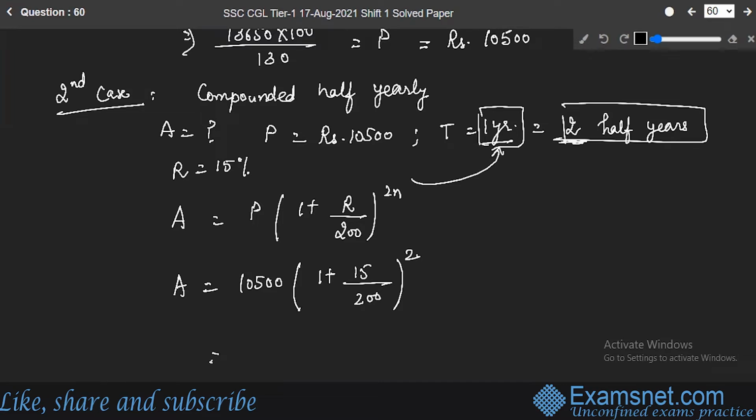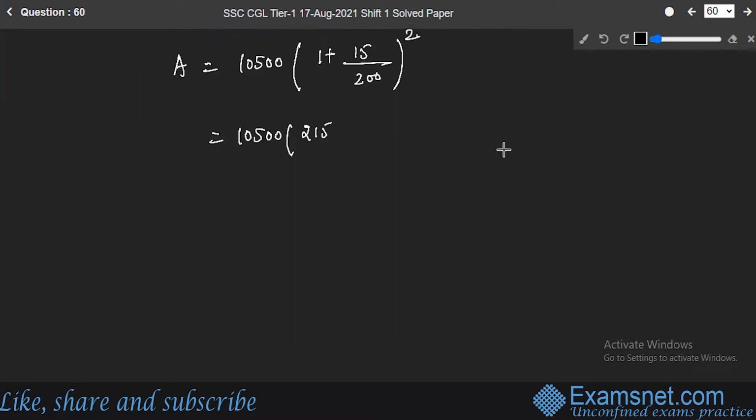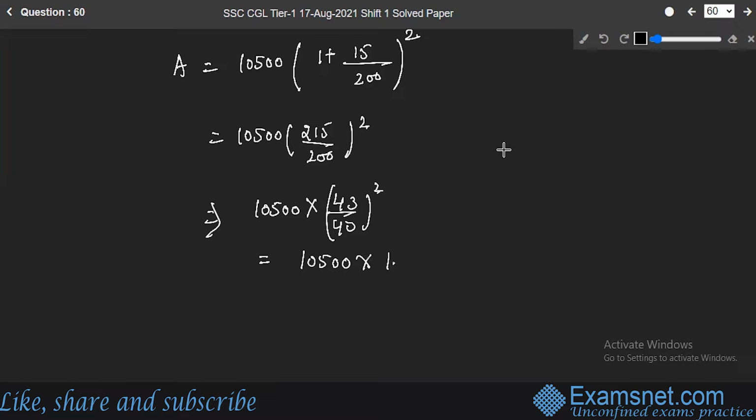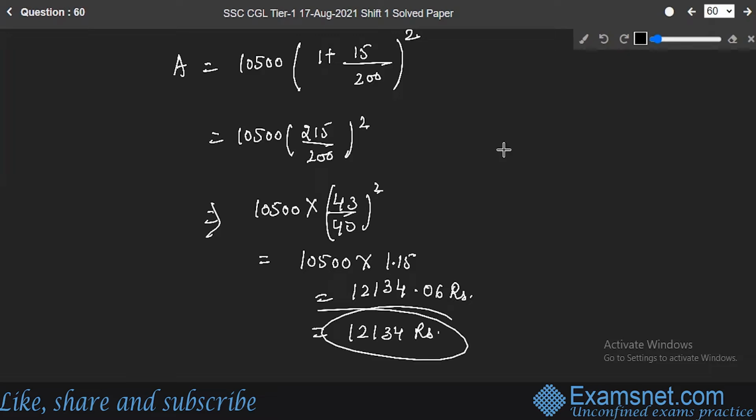So it's raised to the power 2, 10,500 into 215 upon 200 raised to the power 2, which on solving will give you, this will cancel on the table of 5. So 43 upon 40 square. So this will become 1.15, which will give you 12,134.06. So you have to give the answer in the nearest rupee. That will be, if I'm rounding it off, this much rupees as the answer.